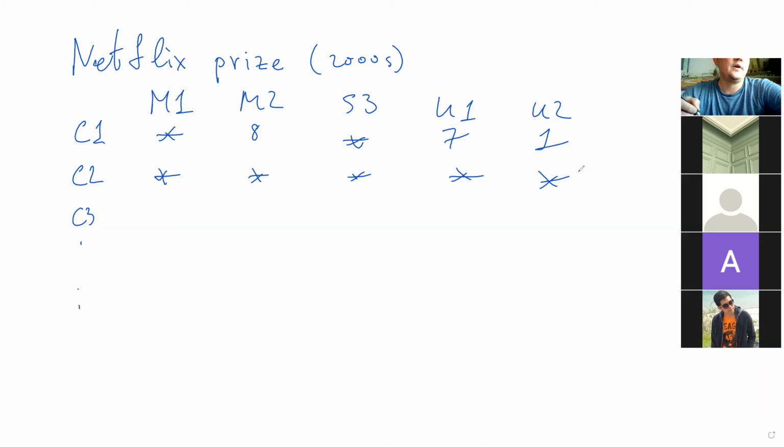And the third customer watched this movie and graded it 1, etc. So we have a large matrix: customers times goods.